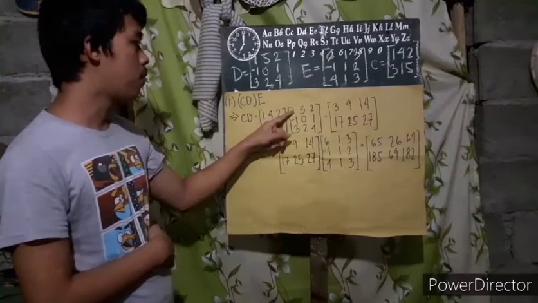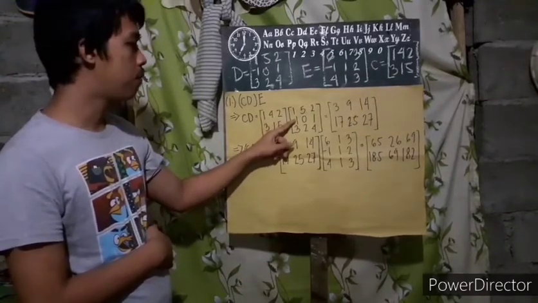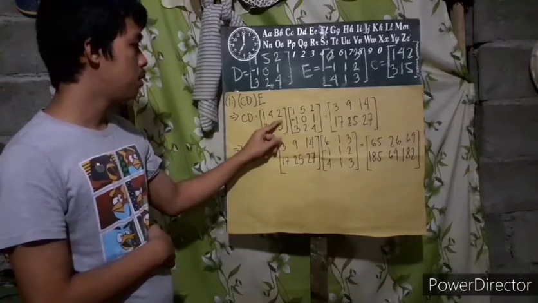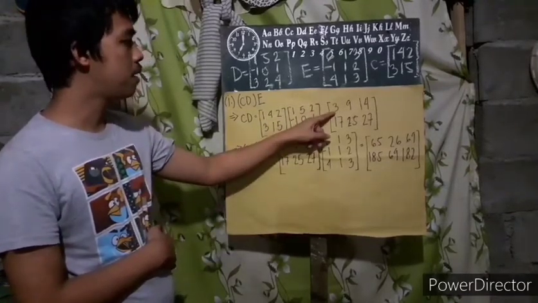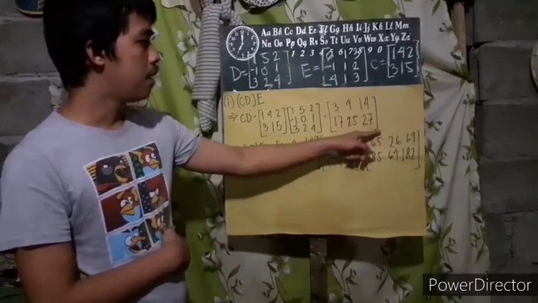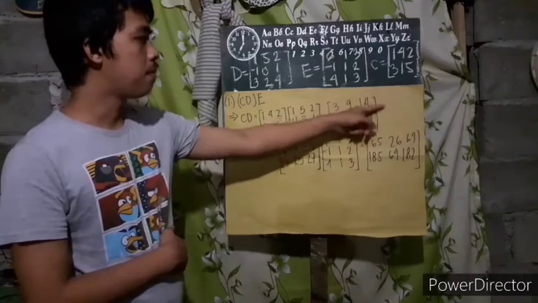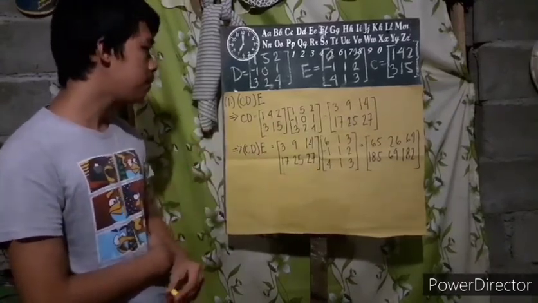1 times 1 equals 1. 4 times negative 1 is negative 4. Then 2 times 3 equals 6. Then add it all, then we can come up with the result of 3. And until we gather all the results, we can come up with the matrix of the given multiplication.